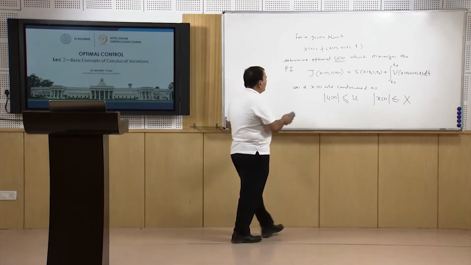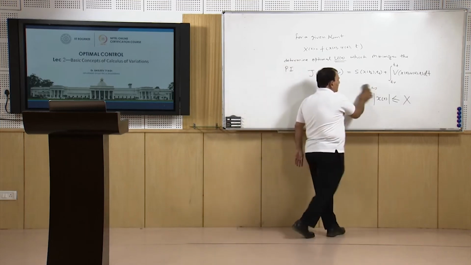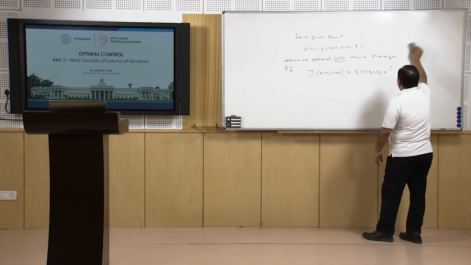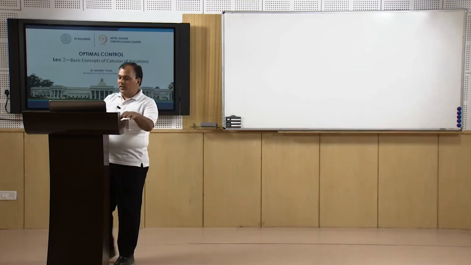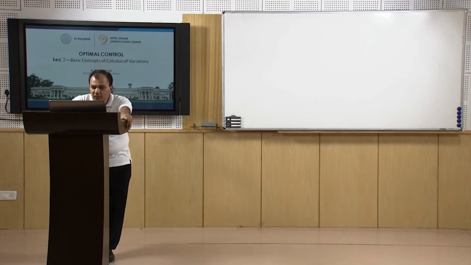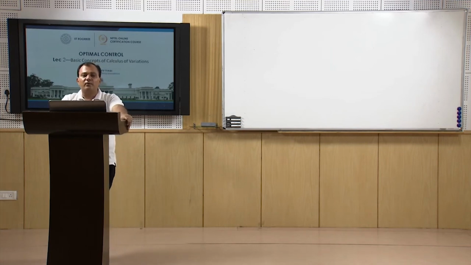So we start our discussion by considering the solution of the optimal control problem utilizing calculus of variations. What is calculus of variations? Calculus of variations, or variational calculus, deals with finding the optimum value of a functional. What a functional is, we will discuss.